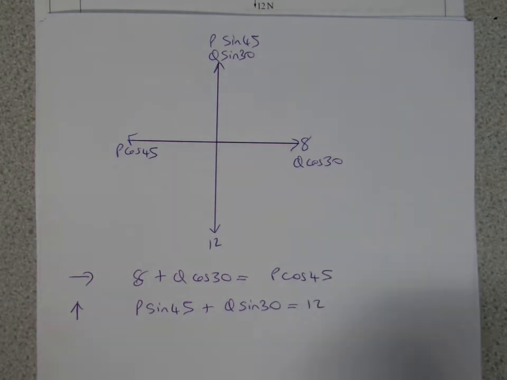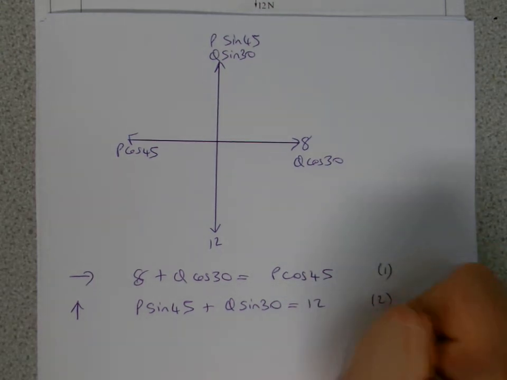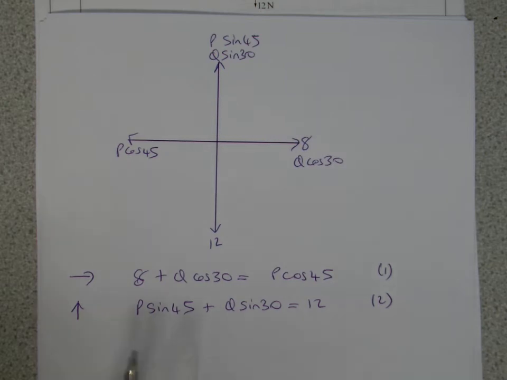So these are two equations, 1 and 2, and we're going to treat them like simultaneous equations because you've got two unknowns, P and Q. We need to establish what P and Q are, and I think this question says to one decimal place. We've got two equations, so we'll use simultaneous equations.